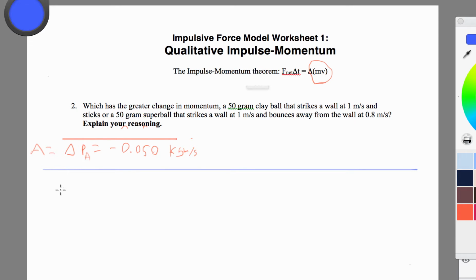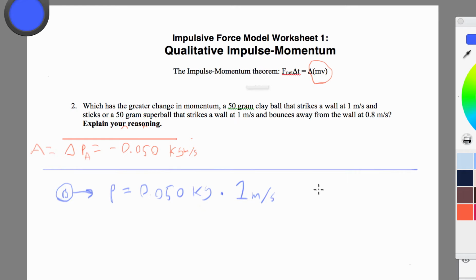So for the second particle, we have this thing B. It's got initial momentum. P is mass times velocity. Its mass is 0.050 kilograms times its velocity, 1 meter per second.